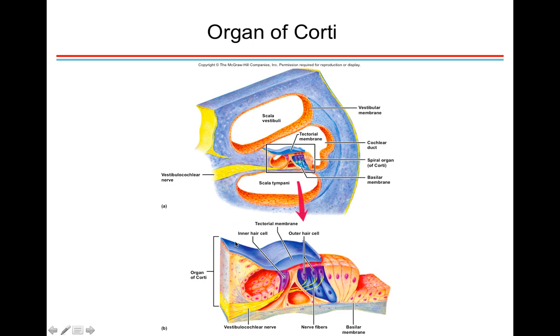And basically, the organ of Corti has inner hair cells and outer hair cells, and when the scala vestibuli is pushing down with the perilymph having vibrations, it'll then have the endolymph in the cochlear duct pushing down on the tectorial membrane and basically cause movement in the inner hair cell and outer hair cell.